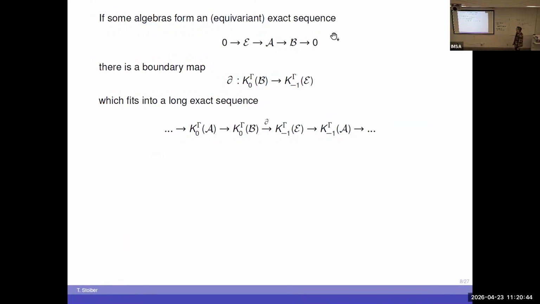Okay, so then these K-theories form a homology theory. Particularly, the way that we use bulk-edge correspondence is that we set up algebras for different parts of our system, and they should form an exact sequence.